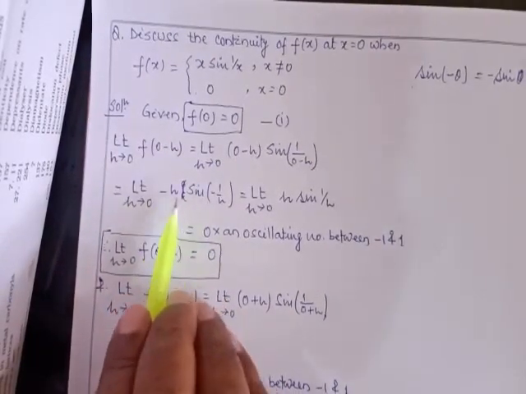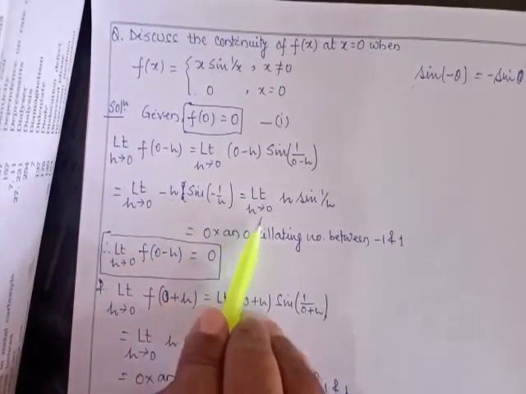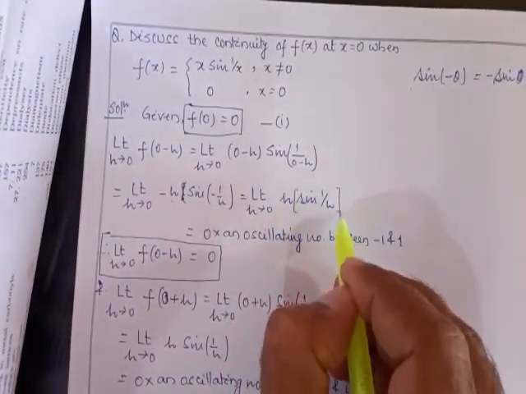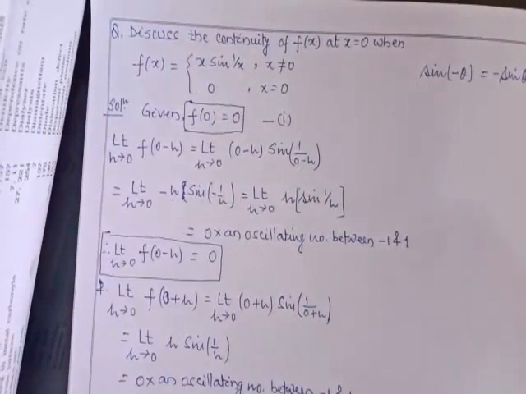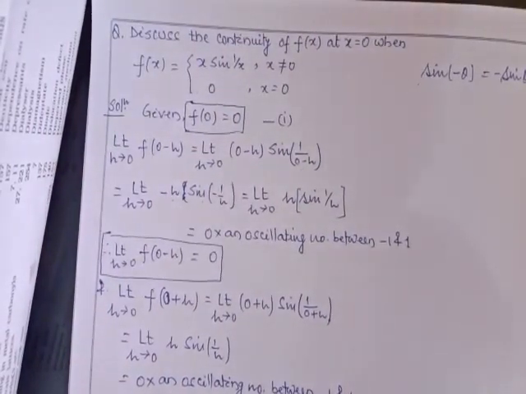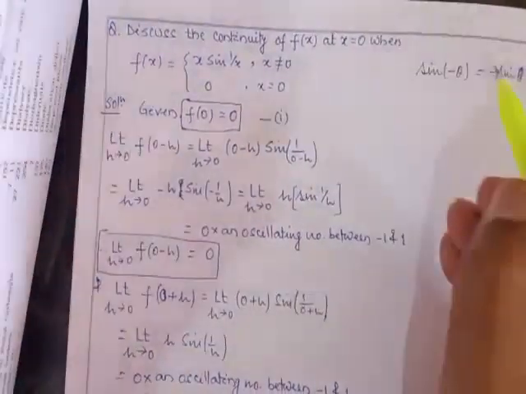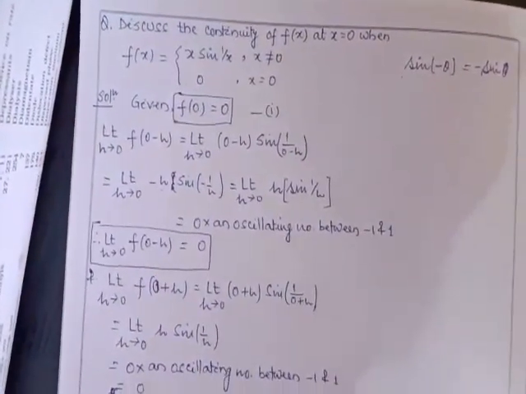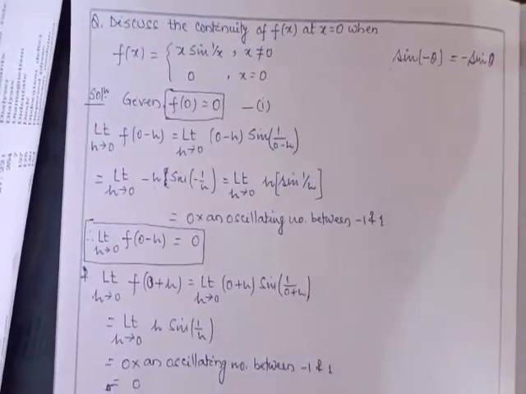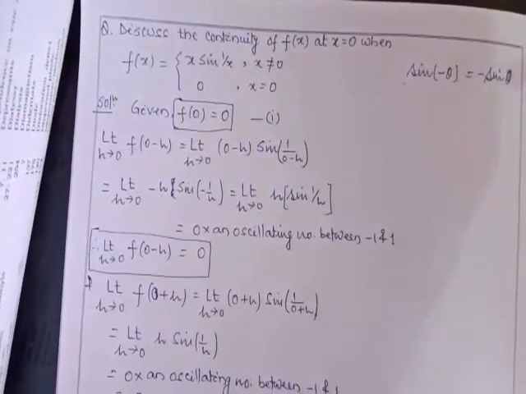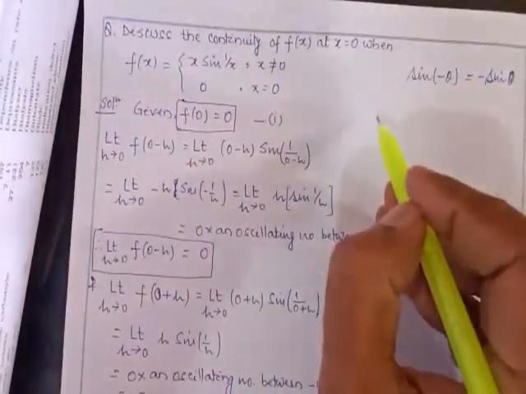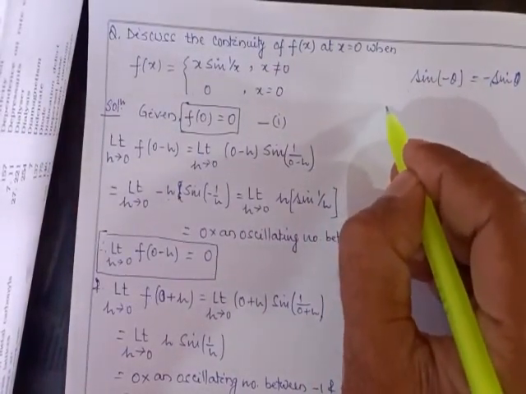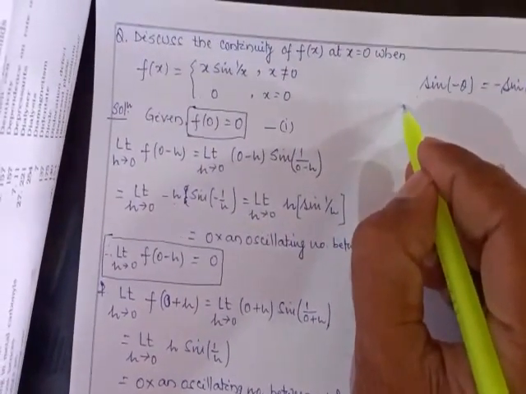Now here, the term, the value of sine theta. In standard 11 we have already discussed the maximum and minimum value of sine theta, and perhaps you remember the maximum value of sine theta is 1 and the minimum value of sine theta is minus 1.